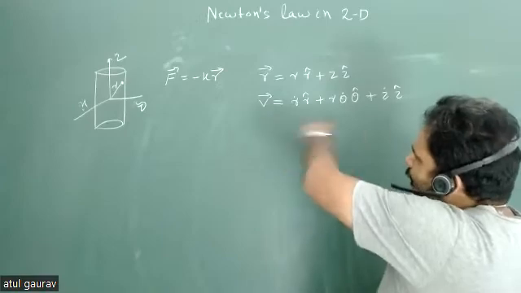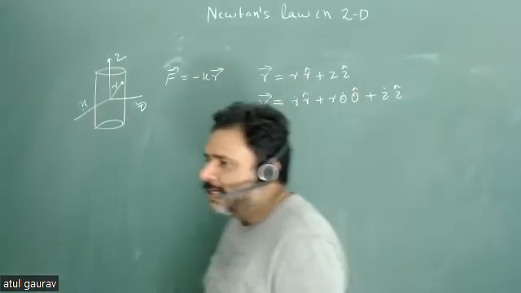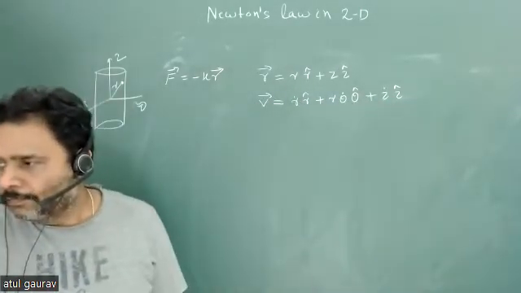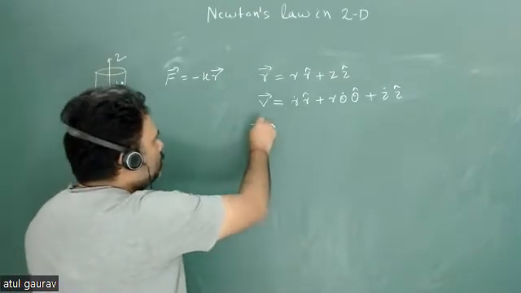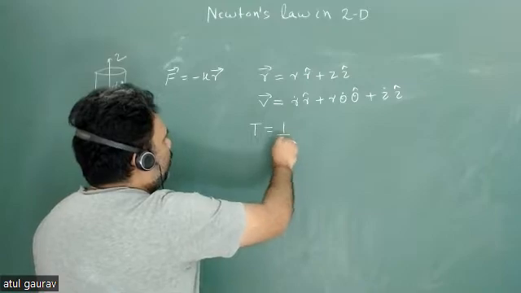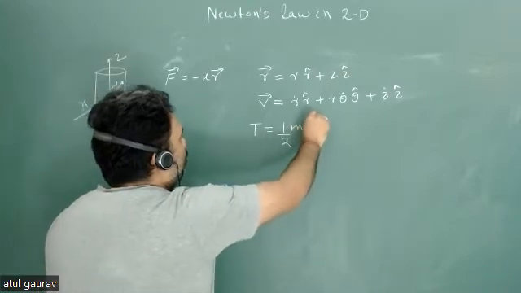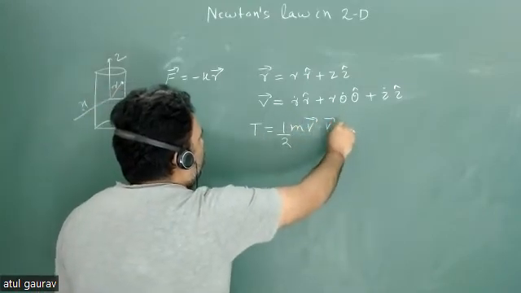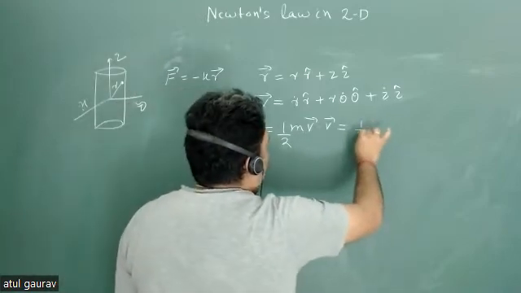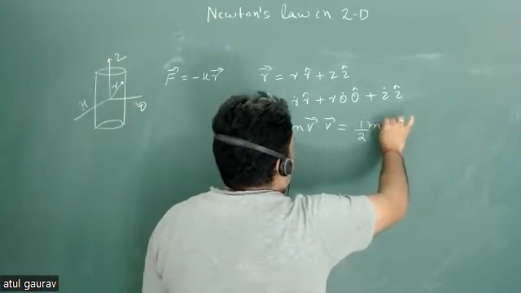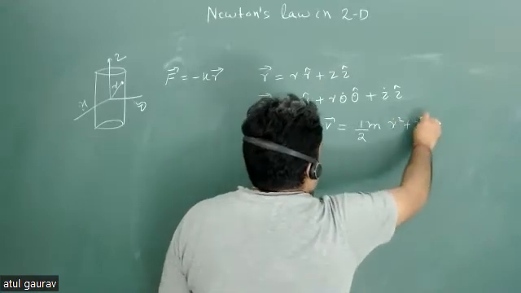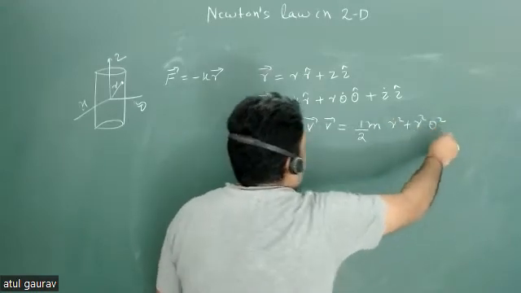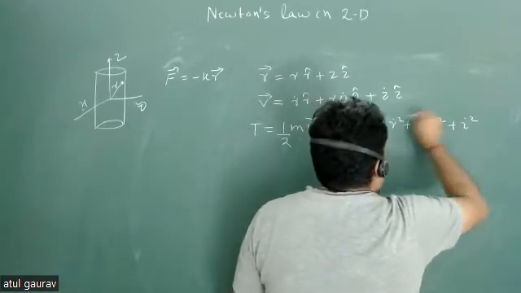Now you can also find the kinetic energy. Can you write the kinetic energy? What is the kinetic energy here? Kinetic energy is half m V dot V, and that is nothing but half m times r dot square plus r square theta dot square plus z dot square.